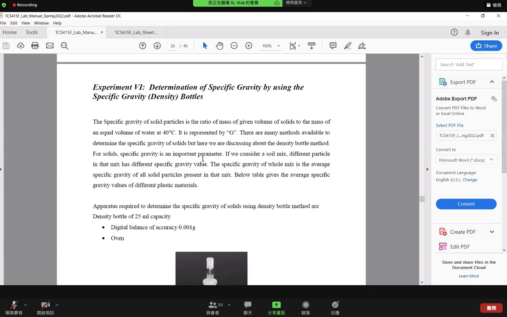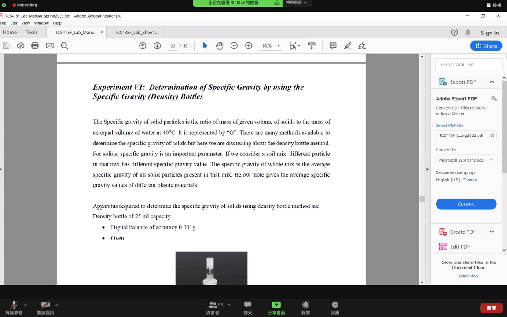And then experiment 6, determination of specific gravity. In your year 2 study, I think you have carried out a test that used jewelry to check its density.